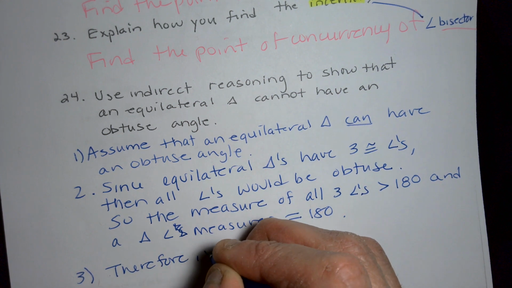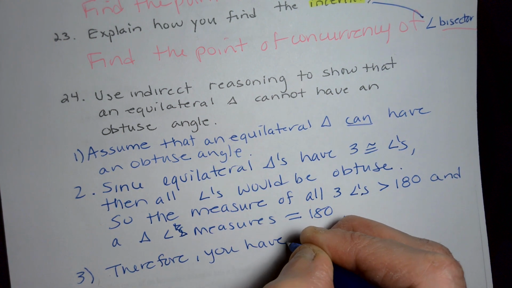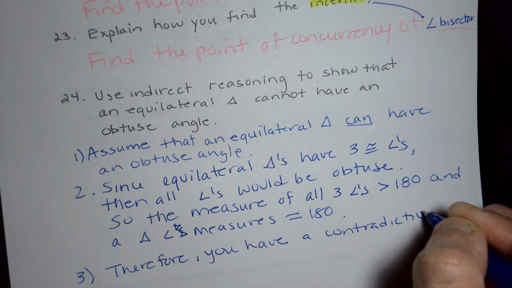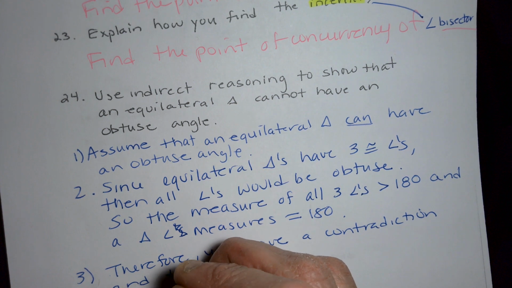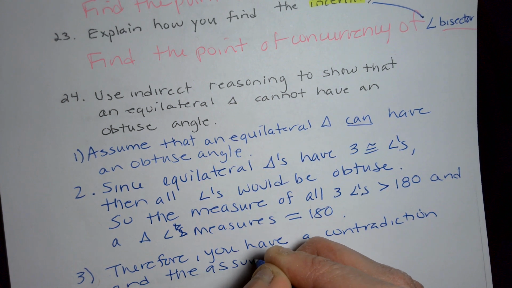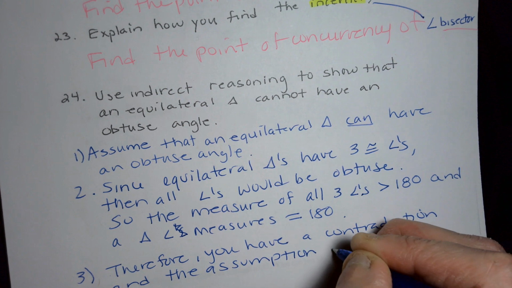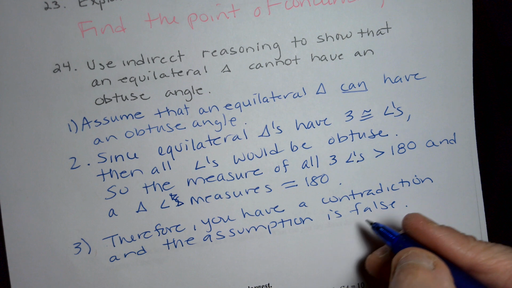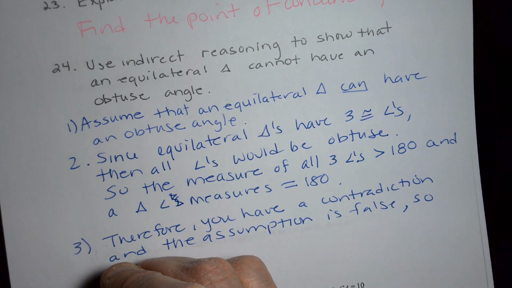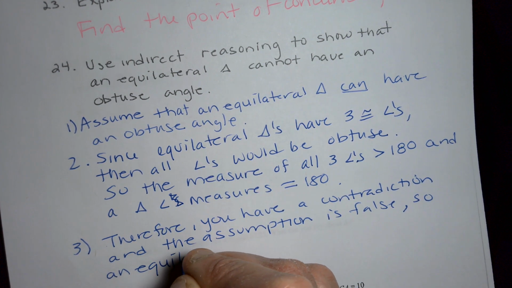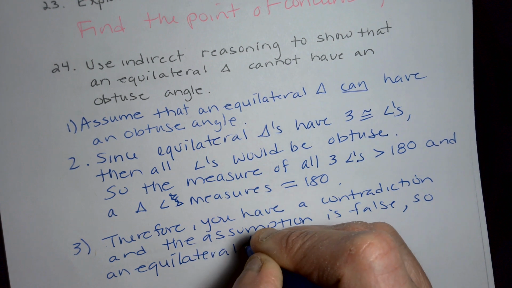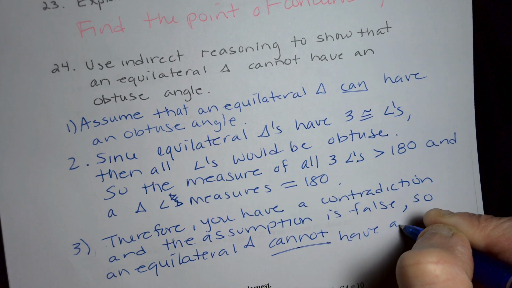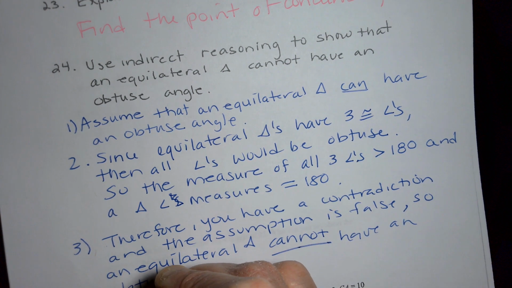Therefore, you have a contradiction, and the assumption that you made up above is false. So, an equilateral triangle cannot have an obtuse angle.